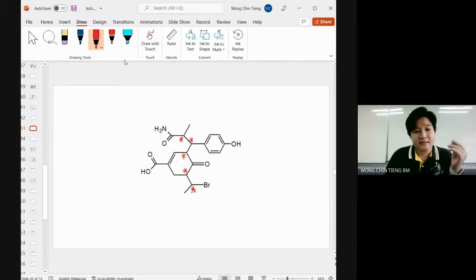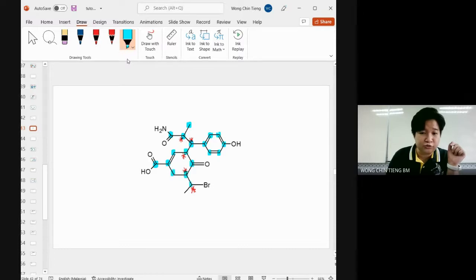Something like that. So what I want you to do for this type of question is, you need to go through all carbon. That's why I always say, go from the left to the right. Go through all the carbon. Make sure kamu check semua carbon yang ada. You check every single carbon yang wujud dalam ni. Make sure you go through that carbon before you move on.